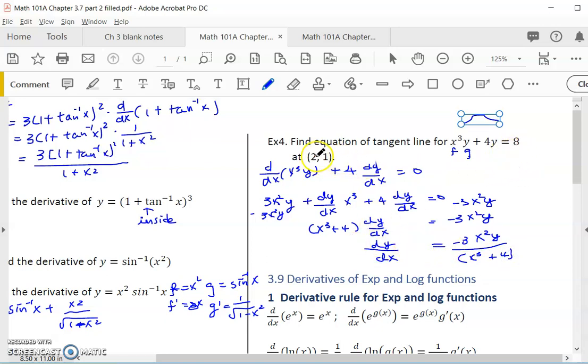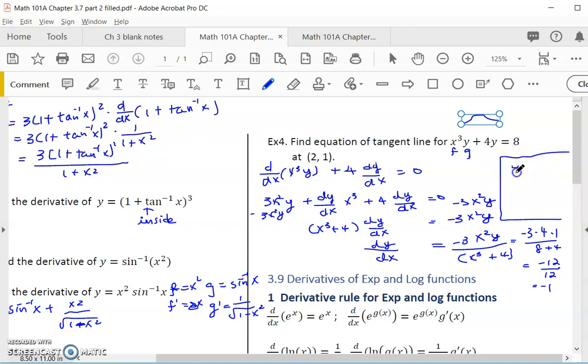My x is 2, my y is 1, so it'll be negative 3 times 4 times 1 over 8 plus 4. So negative 12 over 12, equal to negative 1. So the slope is negative 1 for that point. Where's my equation then?